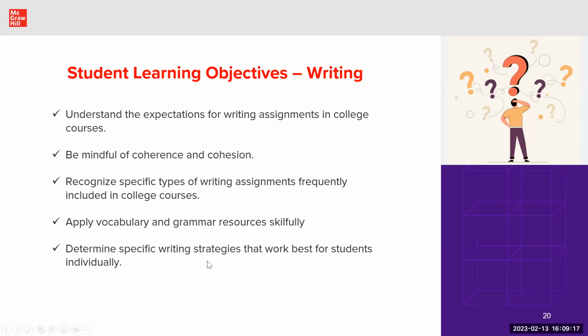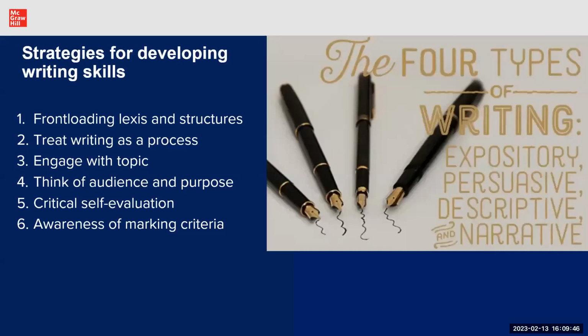And back to learning styles, we should be helping our students, if we can, find out what specific strategies for writing work best for them as individuals. And of course, that relates again to their learning styles and the sorts of things that they find helpful when they're trying to learn, get their head around something. So those are what they need, what we need to guide them and support them towards.